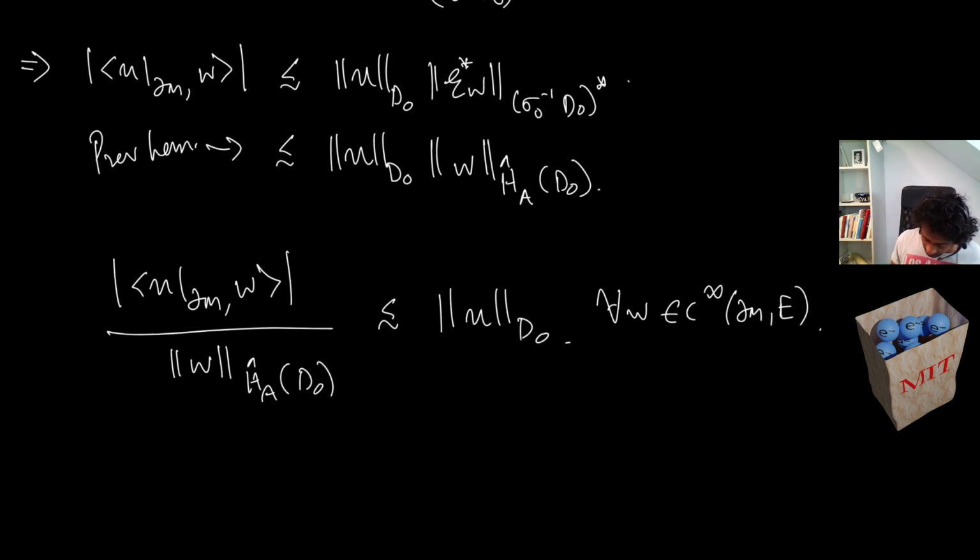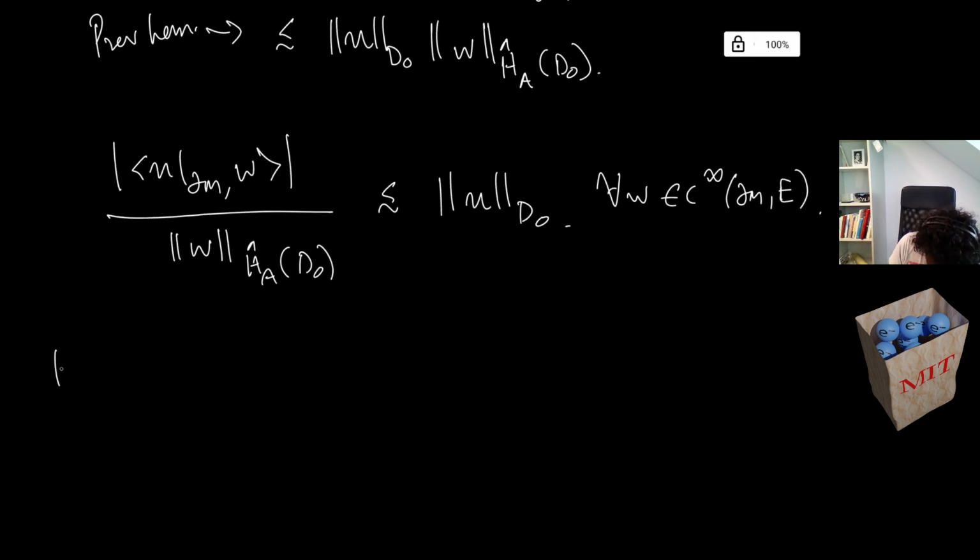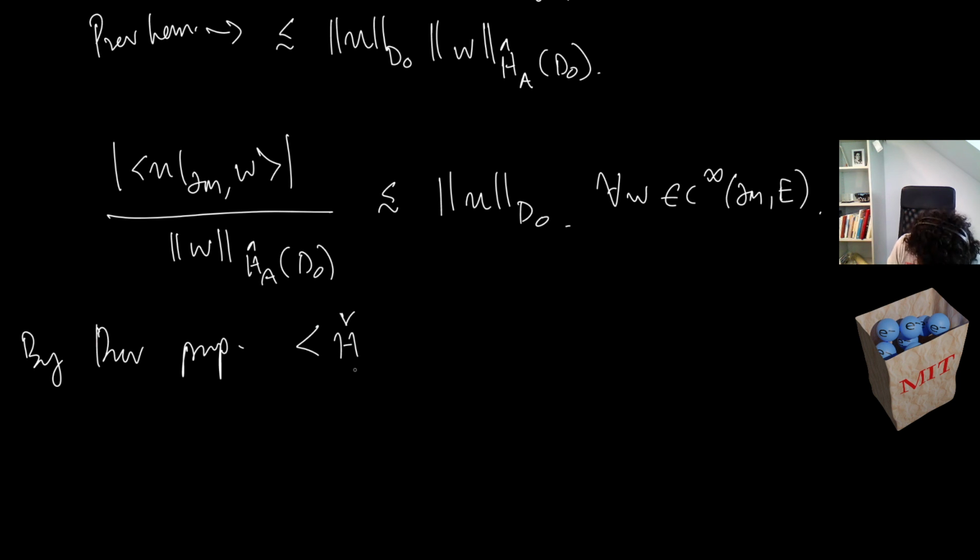But what is this? If we now take a sup over this, by the previous proposition, we have that h check of A of d naught and h check of A h hat of d naught are a perfect pair. This is a reflexive perfect pair.